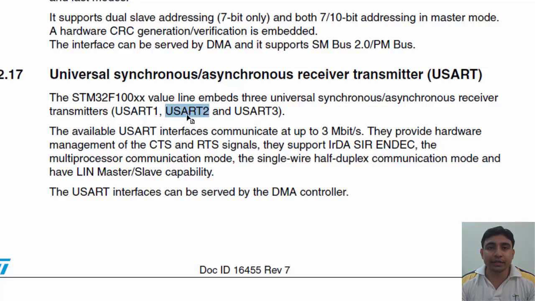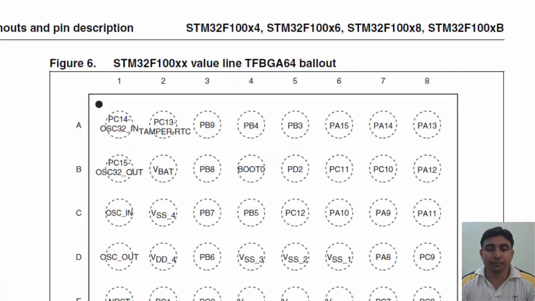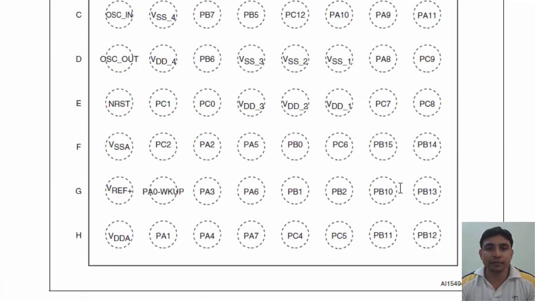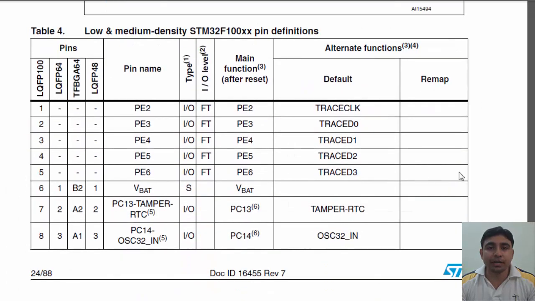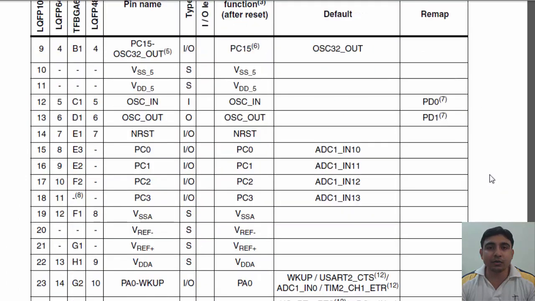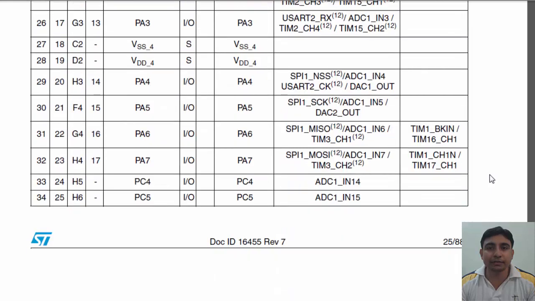So the next step is to find the transmit and receive pins for UART 2. Now if you go to page number 24, there is a table that starts on this page and goes on to multiple pages.